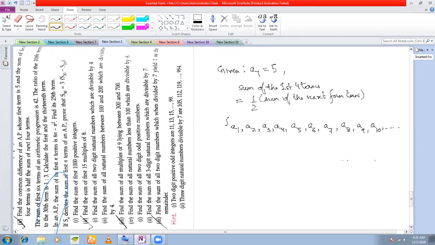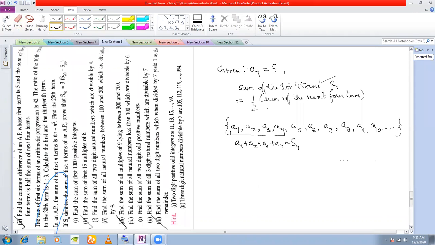When I say the sum of the first 4 terms, it means the sum of these 4 terms: A1 plus A2 plus A3 plus A4. And the sum of the first 4 terms we know to be S4. So this part we know.